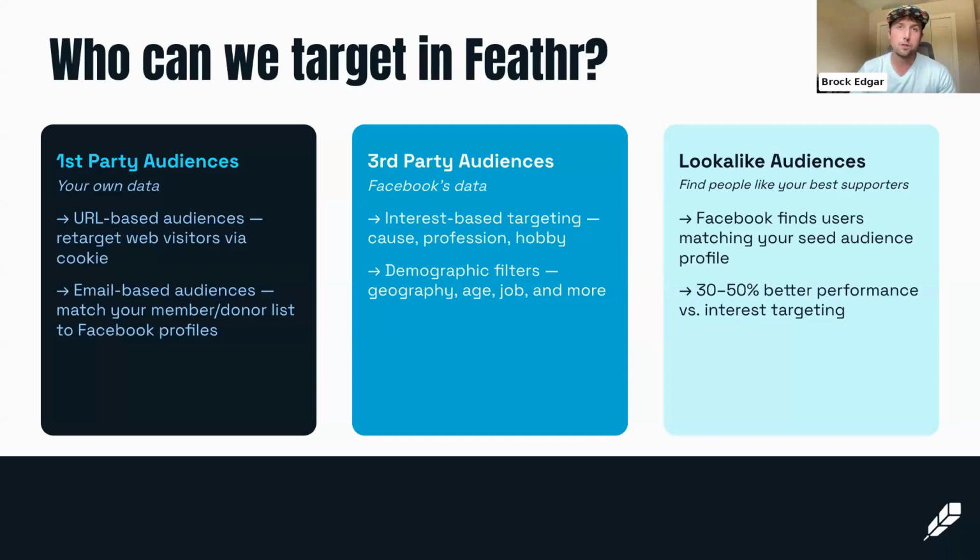We can use those to both expand or contract our audiences, and I'm going to show you what I mean there in a moment. And then lastly, we can also use Meta to target lookalike audiences. I'm going to show you what that looks like as well. These have a high performance versus interest targeting because Meta is very good at identifying people who will be interested in the content that you want to share.